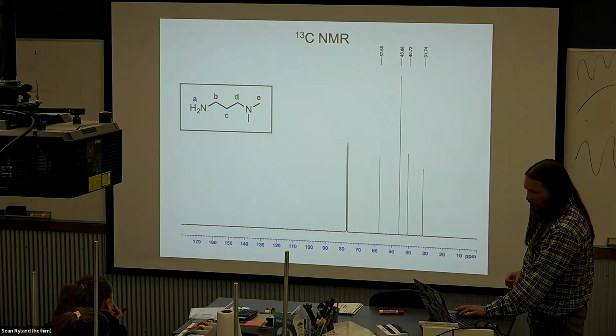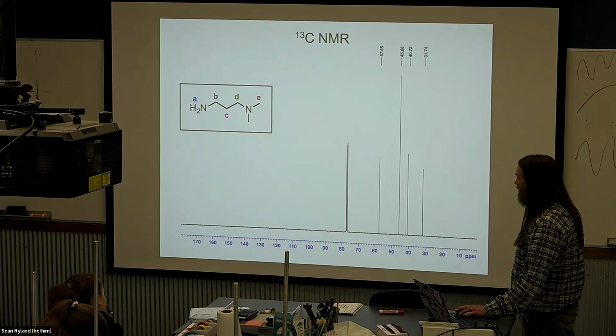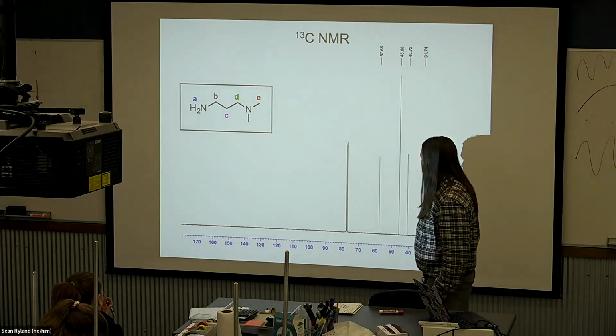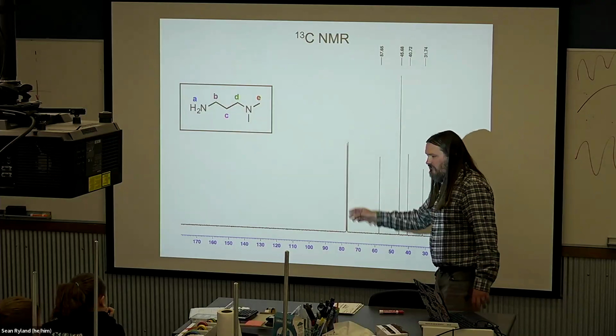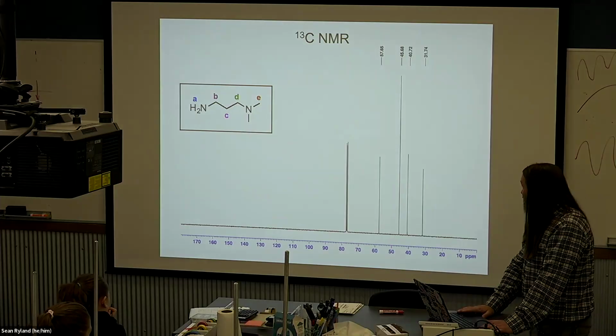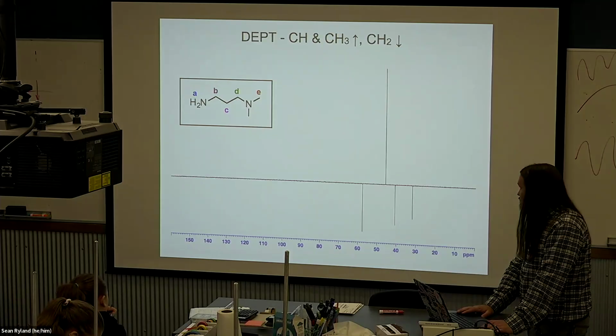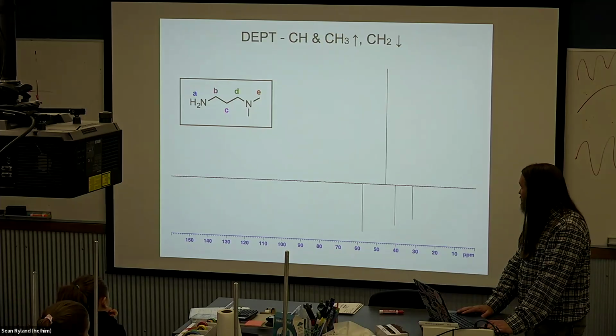All right, one more. Let's look at our last, more complicated one. We now have 4 different carbons, so 4 peaks here, plus our solvent. All of them except for E are CH2s, so 3 peaks point down, 1 peak points up.